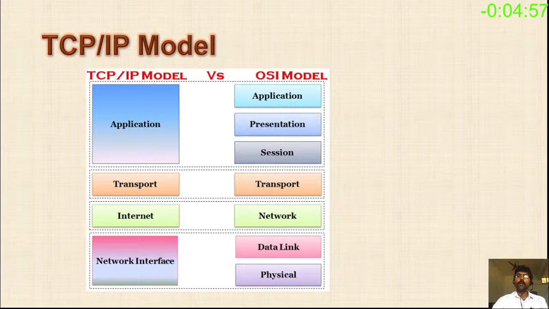Every data packet moves through this layer before it goes out through a transmission medium to the destination computer. This network interface layer is actually the data link layer and physical layer of the OSI model.